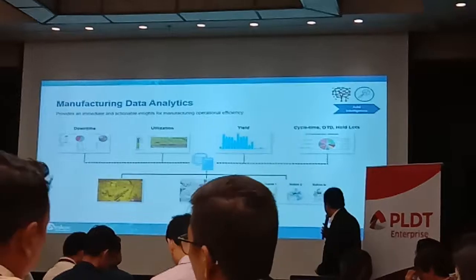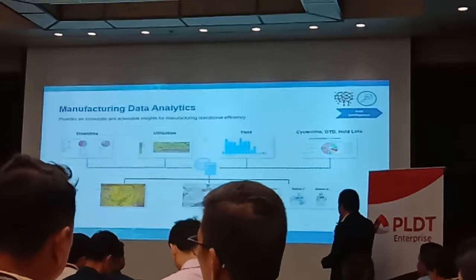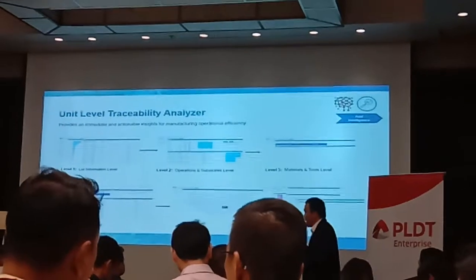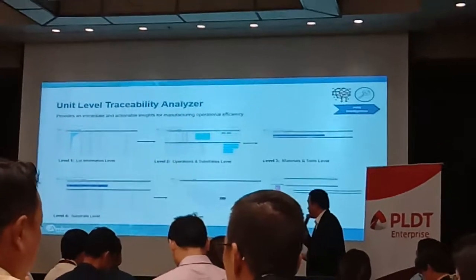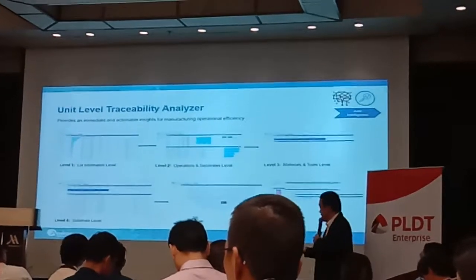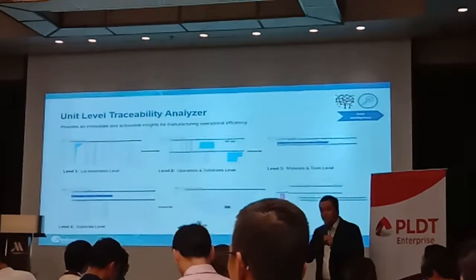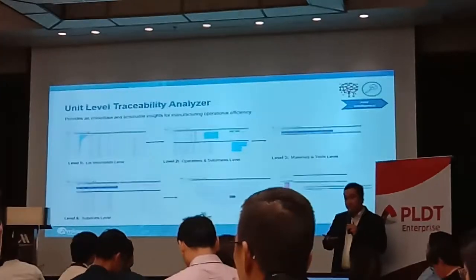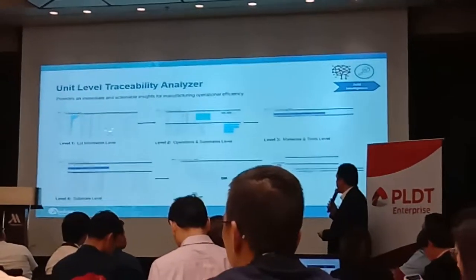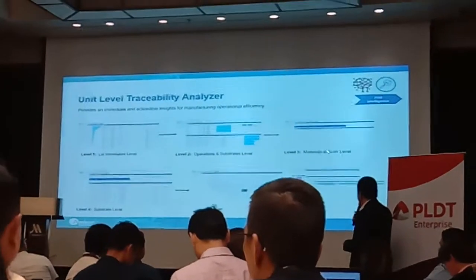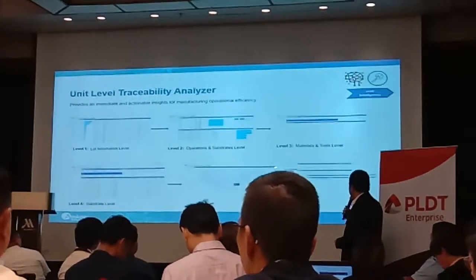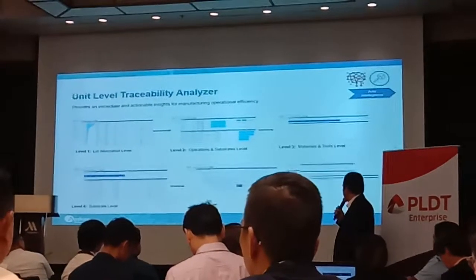Okay? Now, since we are tracking the unit level, we also create an analyzer so that if there's a problem or quality issue on the unit or the product, we can simplify the problem solving or failure analysis. It gives you a way to look at operations, the materials being utilized, the substrate, the wafer, and even other parameters.